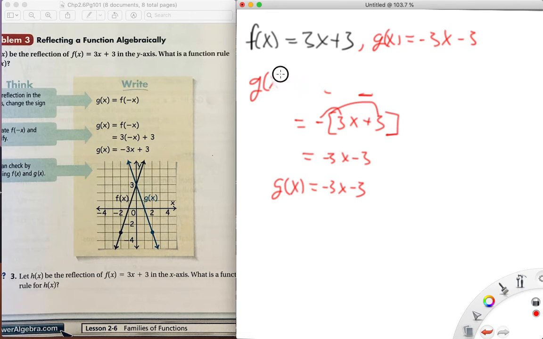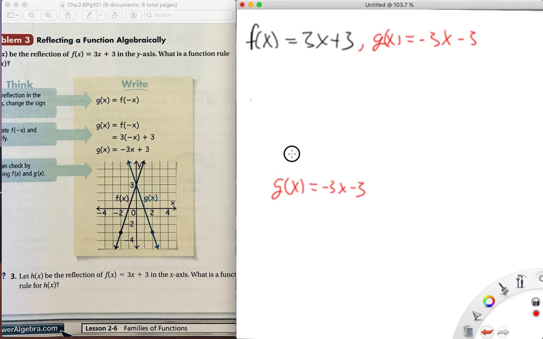Now, in terms of graphing these things, I have to get a program. So f of x would be 3x plus 3.